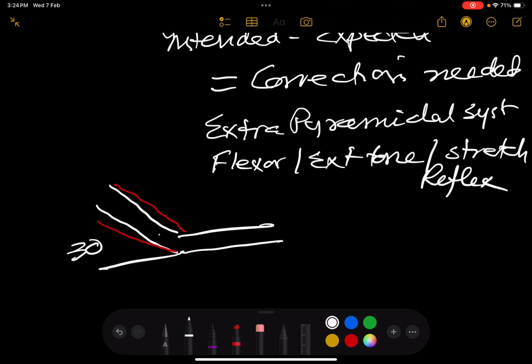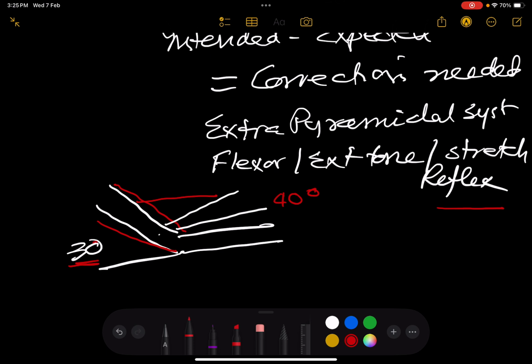So the stretch reflex would be able to say that no, now the flexor extensor tone will become equal at 40 degrees. So it can tell you the exact position at which the movement will occur and the elbow flexor extensor tone will stabilize. So this is the importance of stretch reflex.